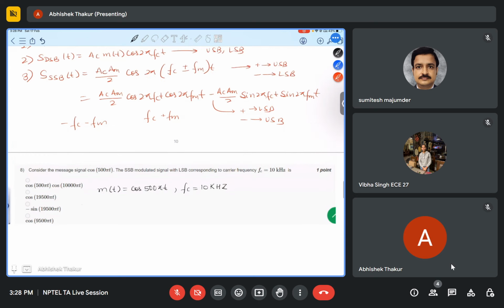So the single sideband signal is given as Ac Am by 2 cos of 2 pi (fc minus fm) t.